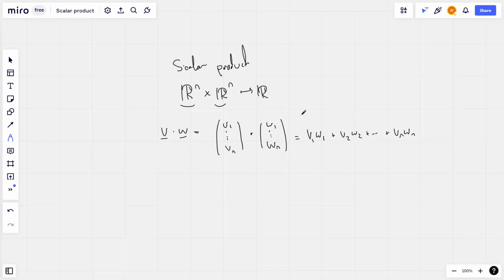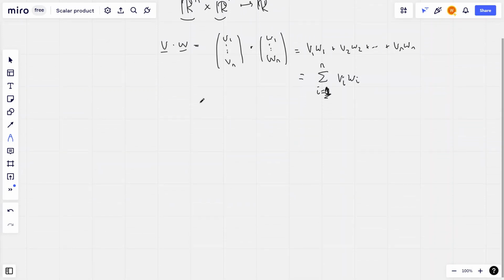So what we did here was basically we just took each element of the vector and multiplied it by its respective component and then added it to the rest. So we took v1, multiplied it by w1, and then added it to v2 multiplied by w2, v3 w3, added them all together. And we can also write this as the sum from i equals 1 to n of vi wi.